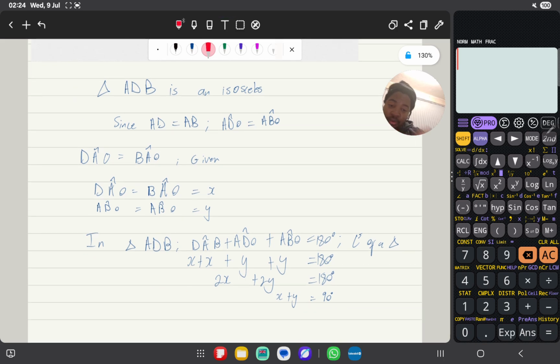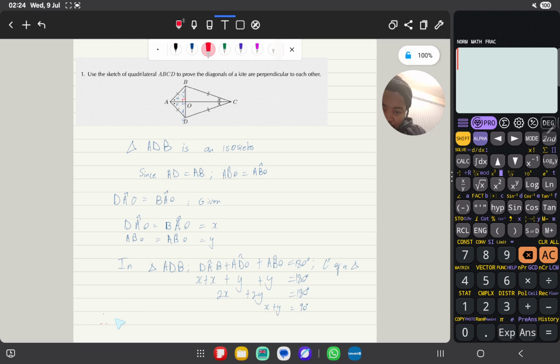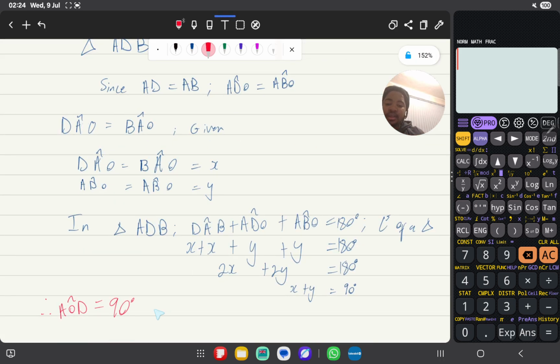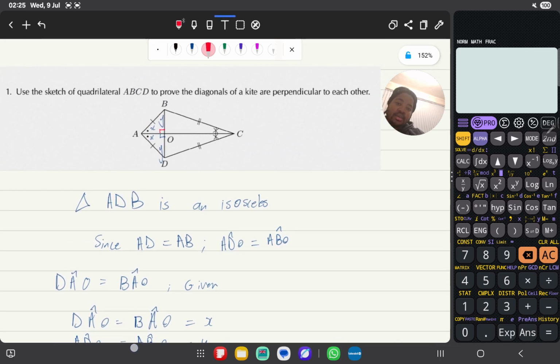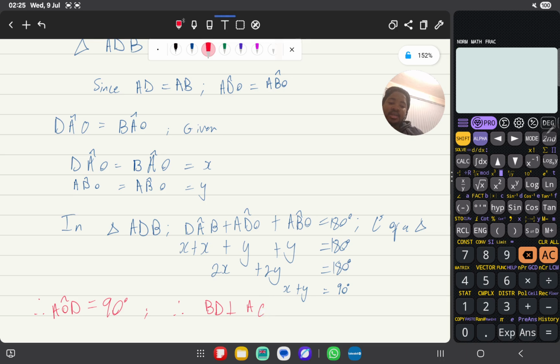Then you will just make a conclusion that therefore angle AOD must be 90 degrees, and then from there you can say therefore BD is perpendicular to AC, right?